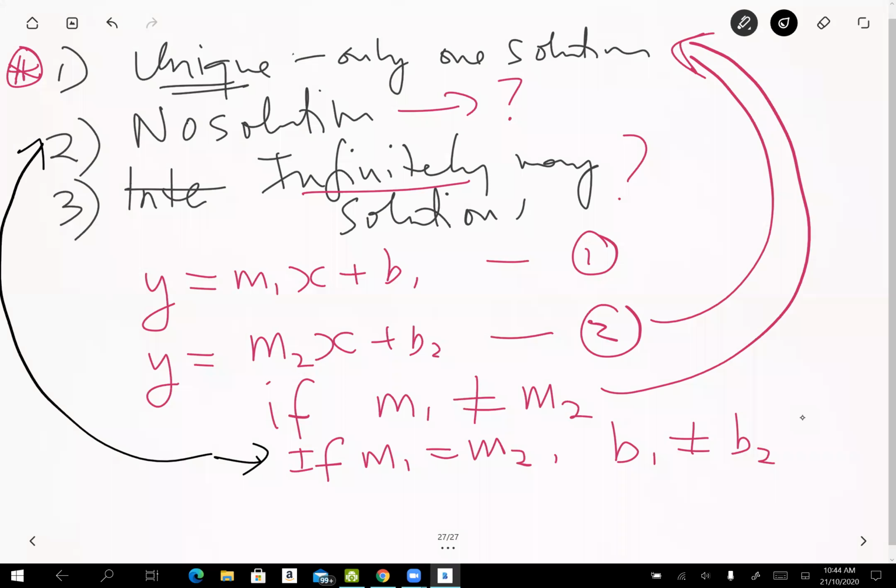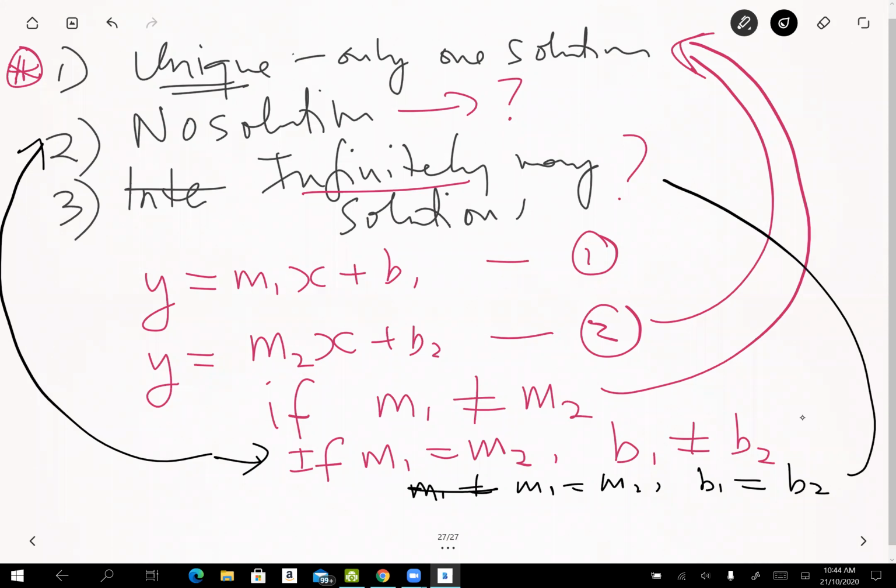Now, if the slopes are equal and the intercepts are also equal, then we go to number 3, the one possibility left.